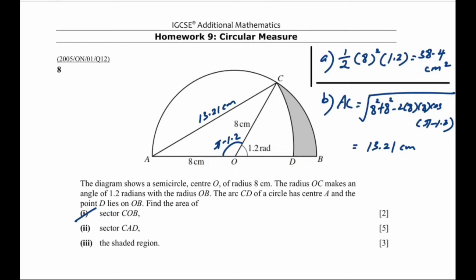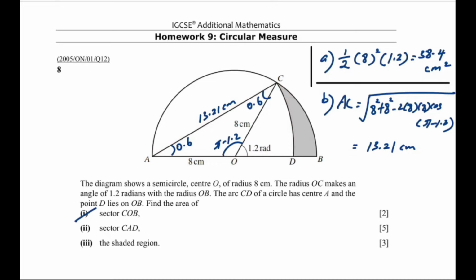So the angle here, it should be 1.2 divided by 2, 0.6, right? 1.2 plus these two angles, the whole thing should be pi. Okay, 1.2 divided by 2, 0.6. So 0.6 will be the angle for this sector.